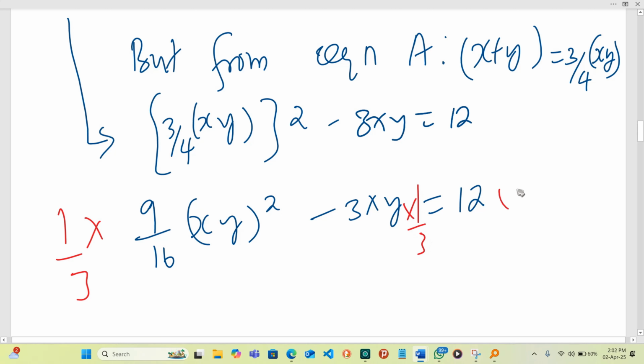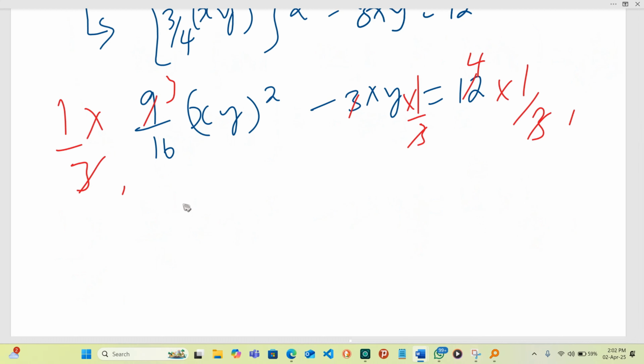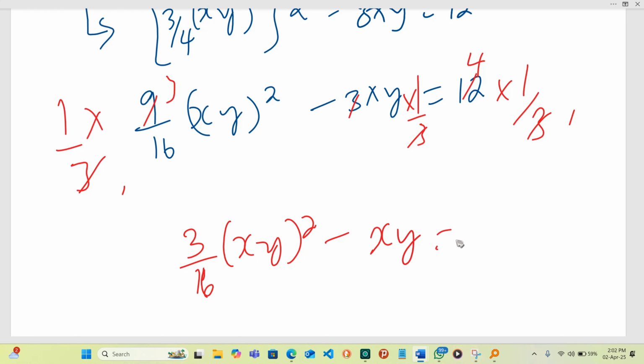So this becomes 3 here, this and that will go, and here we shall have 4. So here this becomes 3 over 16 times (xy) squared minus xy, and this is equal to 4.